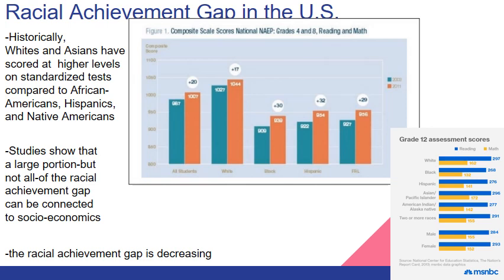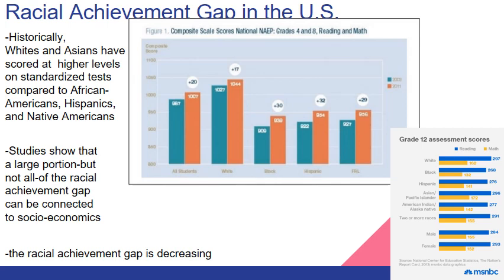One thing to note that's positive is that the racial achievement gap is decreasing. As you can see in the larger graph of the two, since 2003 and 2011, Hispanics, African Americans, and students who receive free and reduced lunch have had larger increases in their scores compared to whites and all students in general.